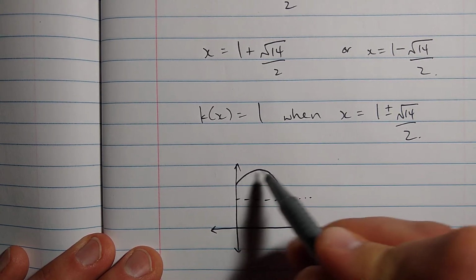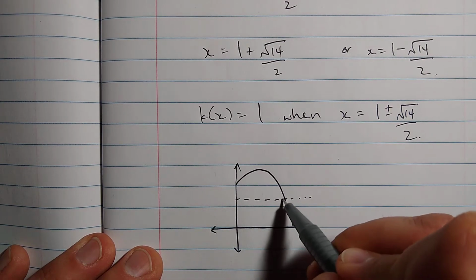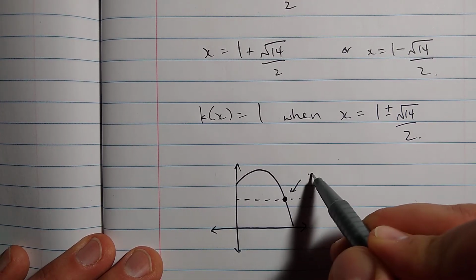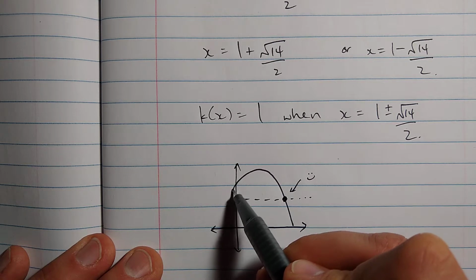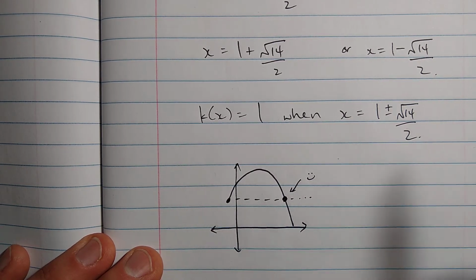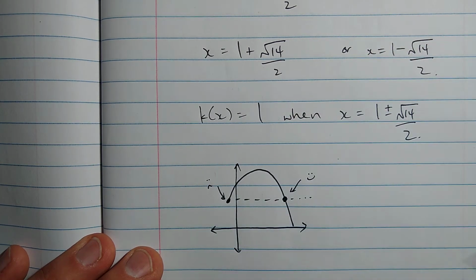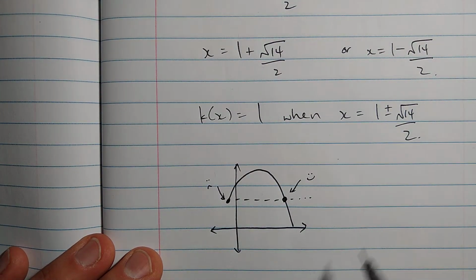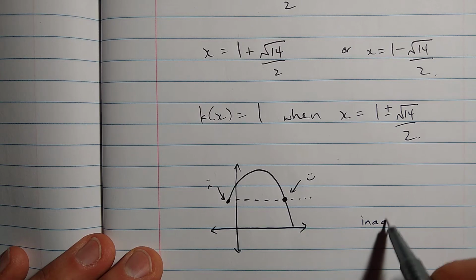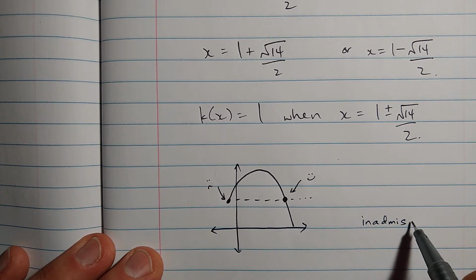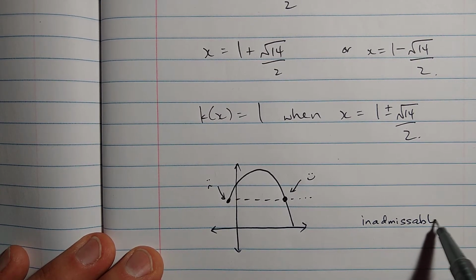When you solve the equation that goes with this, you'll end up with this solution, which is great, but you'll also probably end up with another solution over here, which is not great. That's not reasonable or not admissible. And that solution over there, we would say is inadmissible, and you can't provide it as an answer.